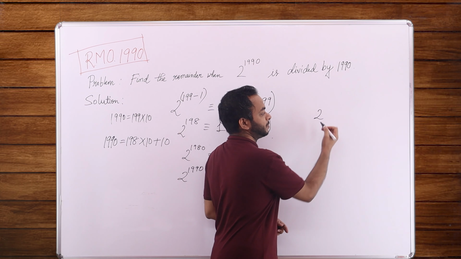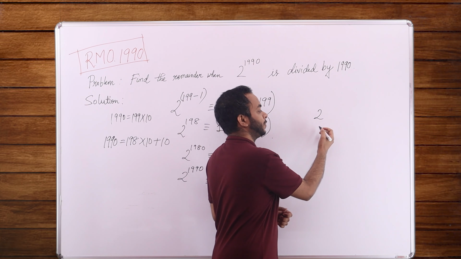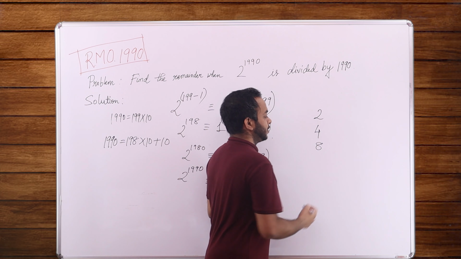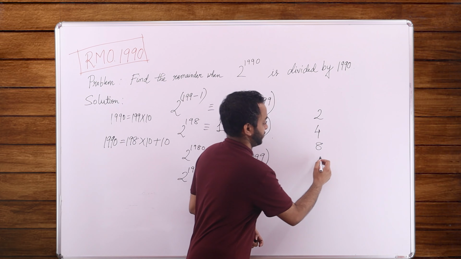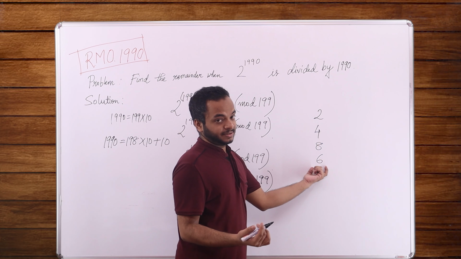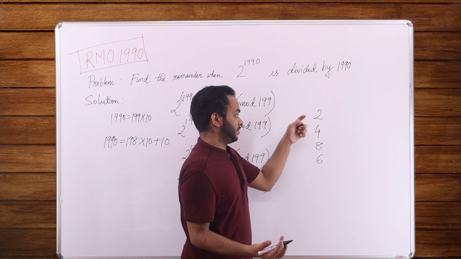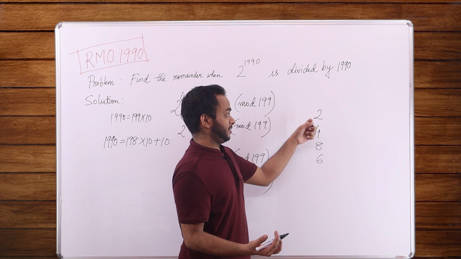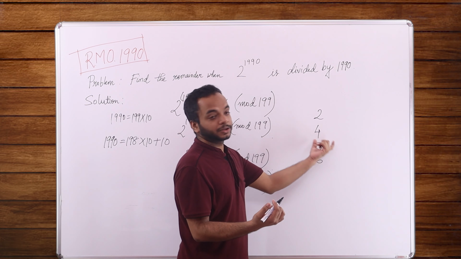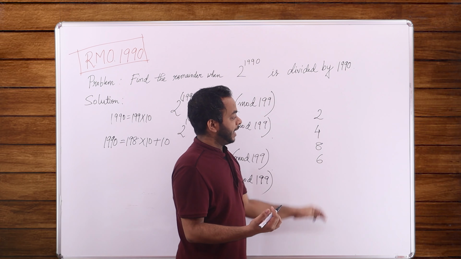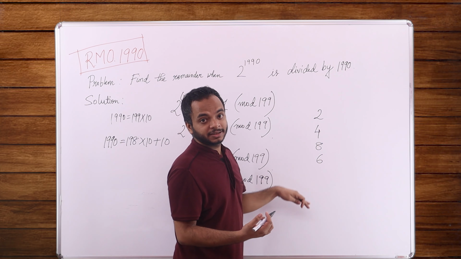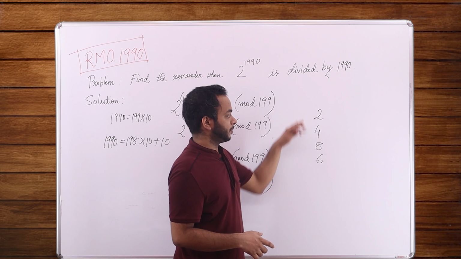If you see 2 to the power 1, the last digit is 2; 2 square, last digit is 4; 2 cube, last digit is 8; 2 to the power 4, last digit is 6, from 16. Now if you multiply 2 with this, last digit 6, again you are going to get the last digit to be 2. And if the last digit of a number is 2 and you multiply it with 2, you get the last digit 4. And so the last digit of powers of 2 repeats with period 4.